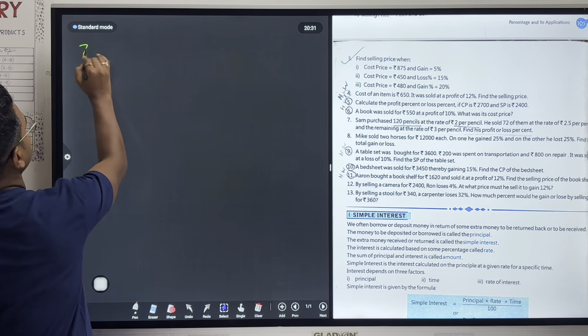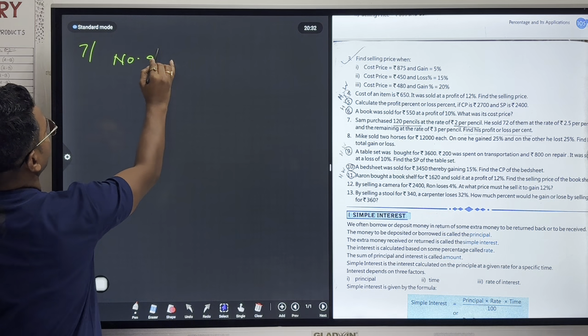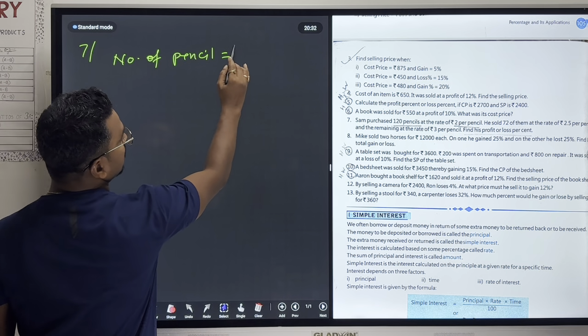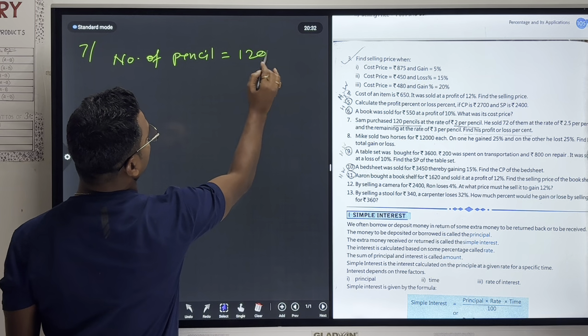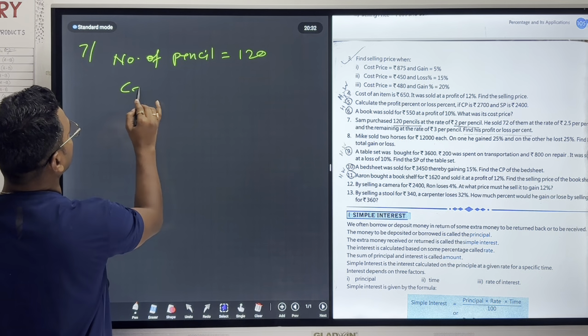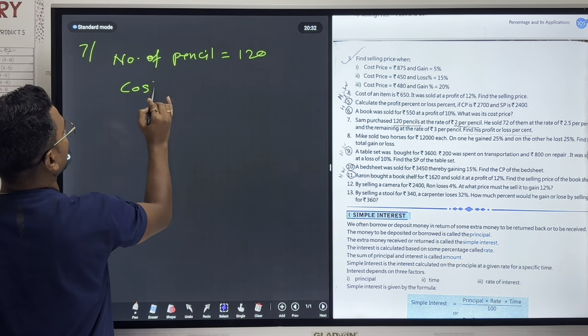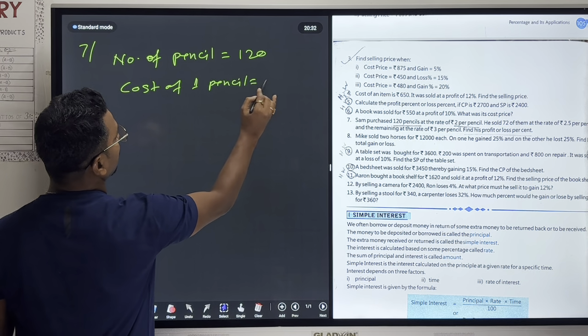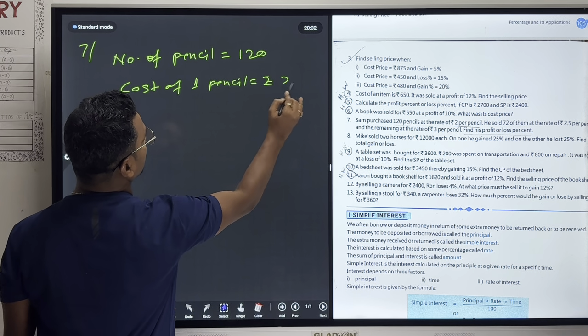So first we'll write the number of pencils, which is 120, and the cost of one pencil is equal to rupees 2.